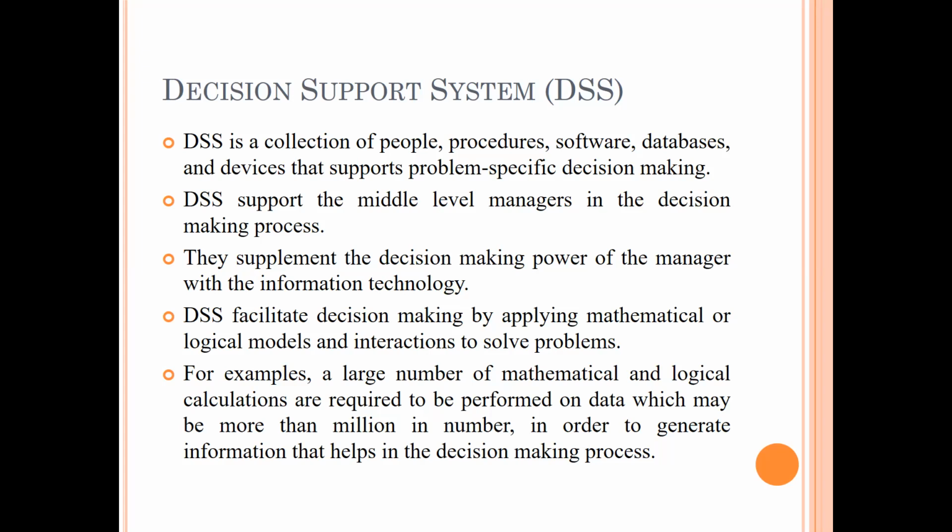They also facilitate decision-making by applying mathematical or logical models and interactions to solve problems. For example, a large number of mathematical and logical calculations are required to be performed on data, which may be more than 1 million in number, in order to generate information that helps the decision-making process.